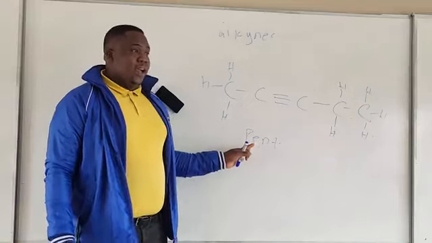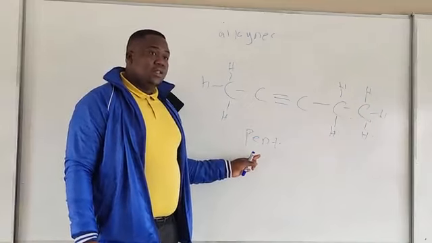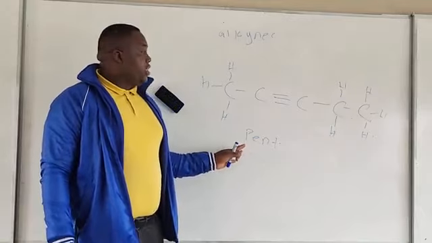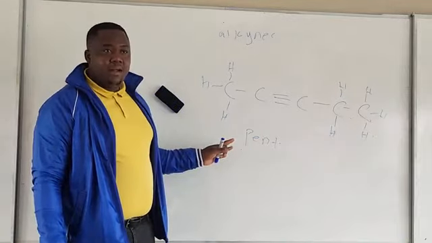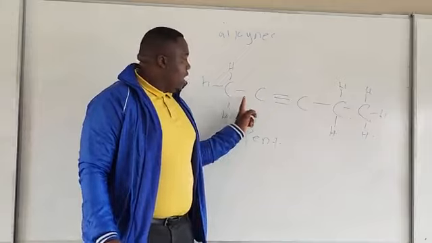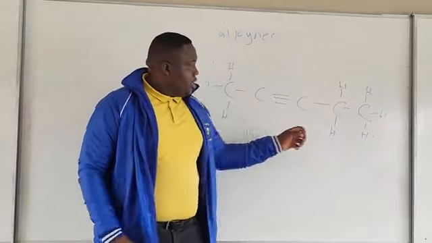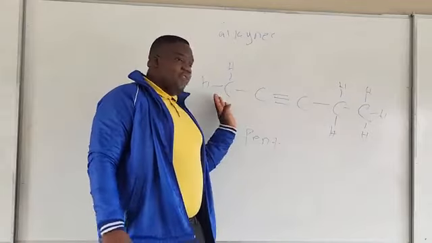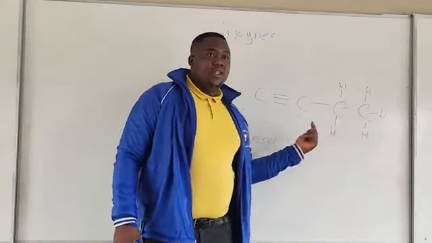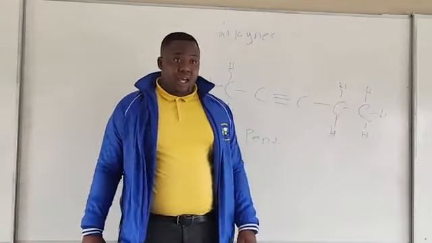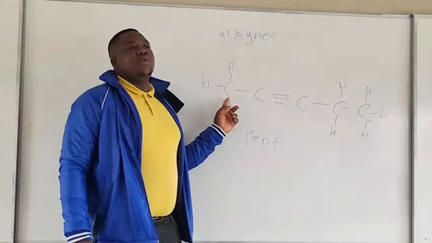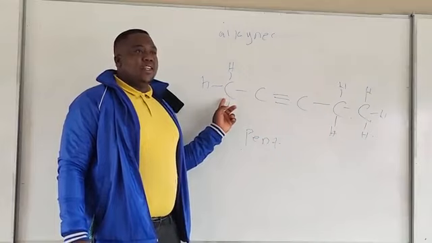So where is the triple bond? The triple bond is at carbon number 2. Look at this: 1, 2. Either we start from this side or from this side. But what does the rule say? We need to start from the side which will give us the smaller number.